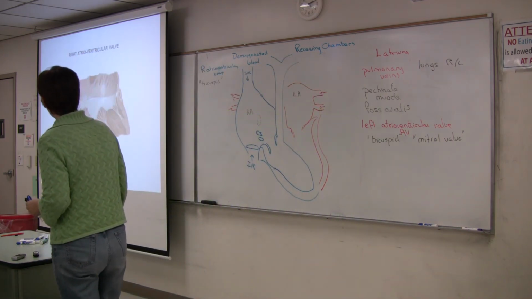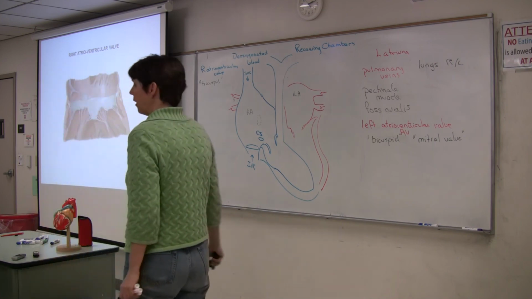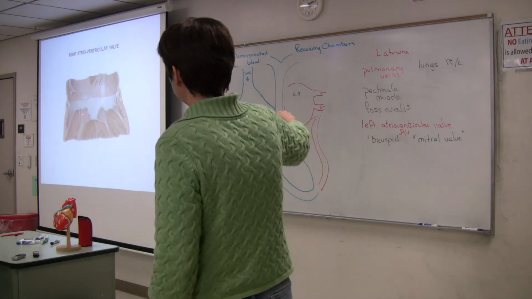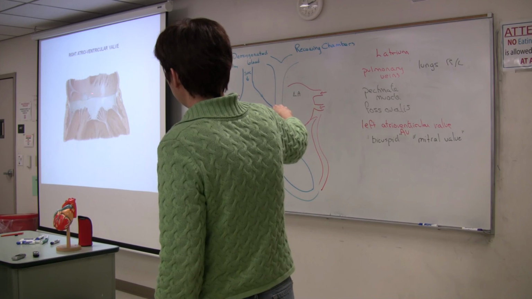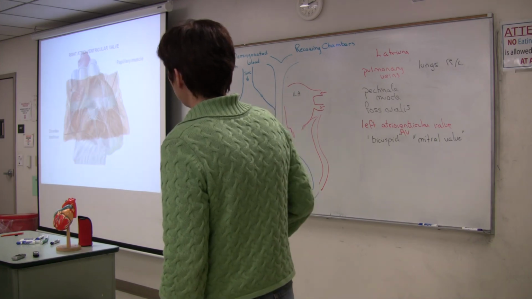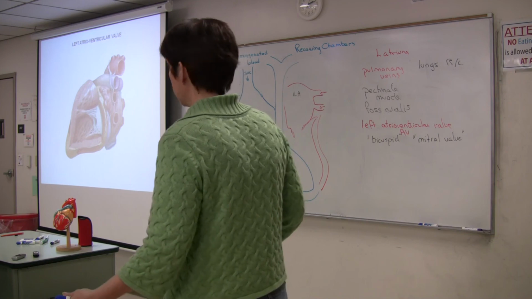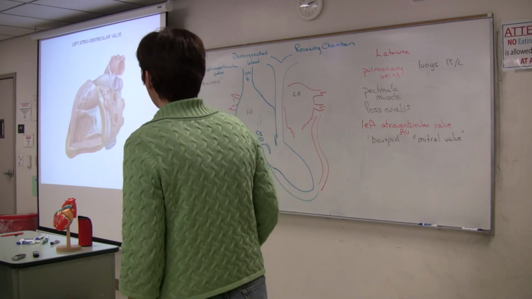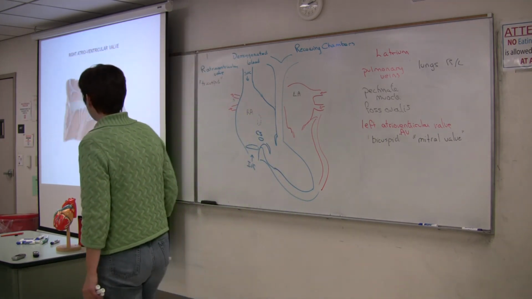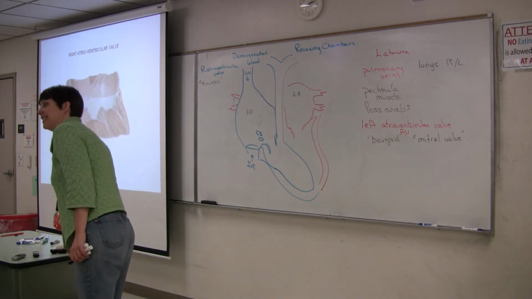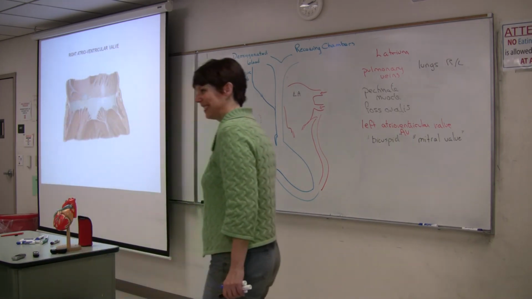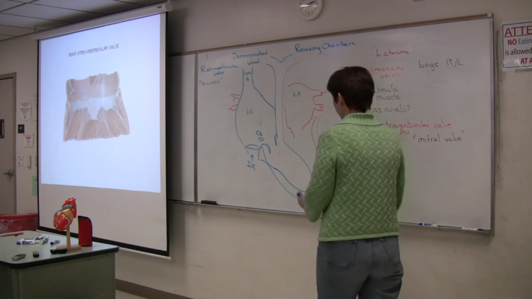Now notice the angle, here's the right atrioventricular valve. So this would be the valve leaflet. Okay, 1, 2, and 3. And the left atrioventricular valve has 2, like I indicated. Now notice we also have on the valve these strings. Ever heard of heartstrings? There really are heartstrings.